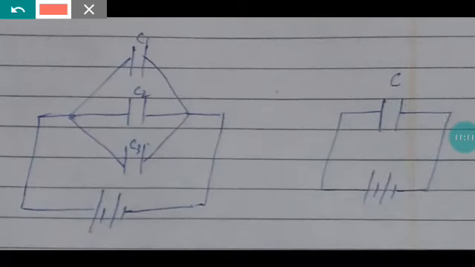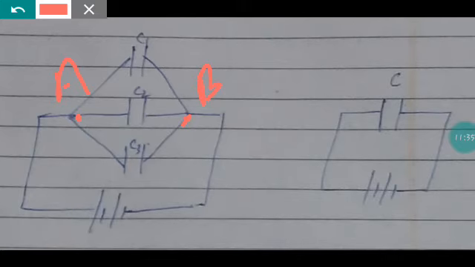This type of connection is called a parallel connection, where all the capacitors are connected in such a way that their end points are the same, as you have seen here. Suppose this is A, this is B. Between these two points A and B, all the capacitors are joined.